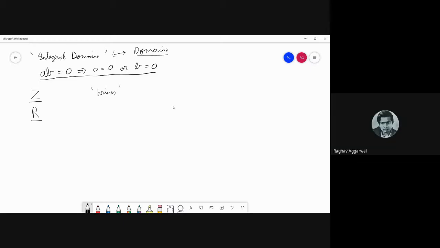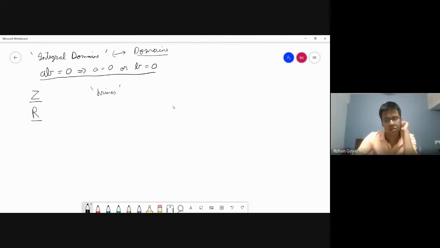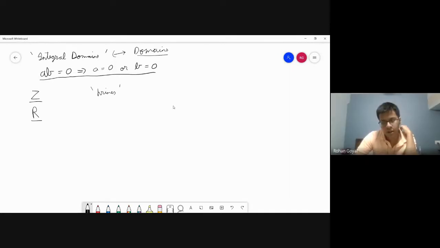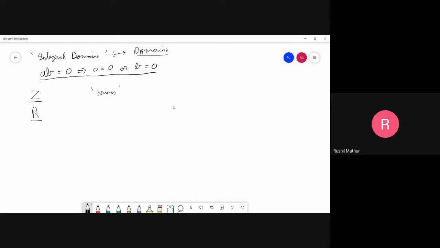The definition remains the same, but 7 may not be prime in some other system, right? I'm only defining 7 to be a prime in Z. Okay, what do you want to define a prime as? If AB is equal to P, then A is P or B is P.